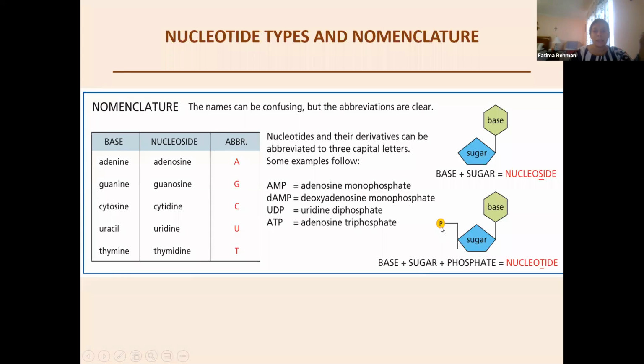So if it's a single phosphate, it is what you call adenosine monophosphate, or guanosine monophosphate, whatever the case may be. And if there are 2, it would be di. If it's 3, like ATP, it would be triphosphate.